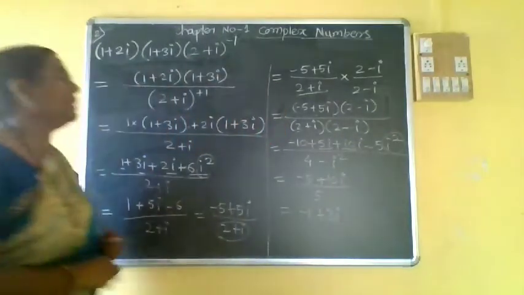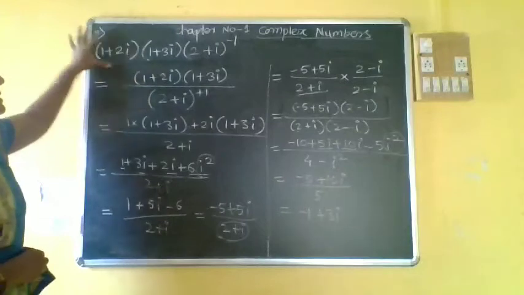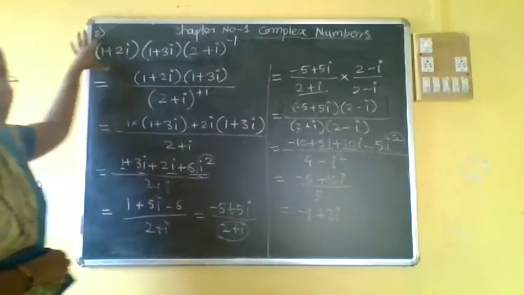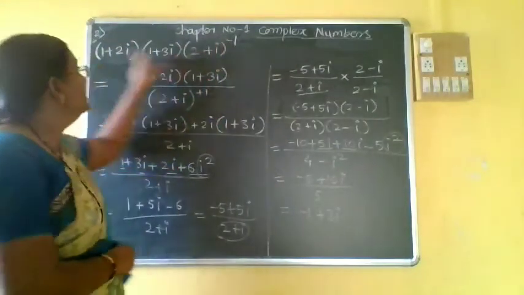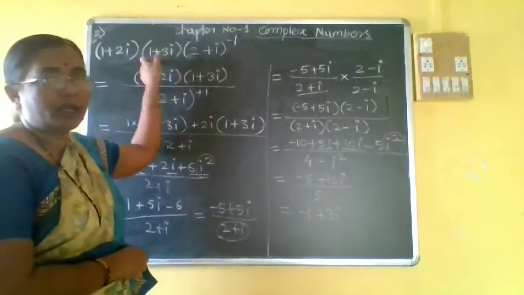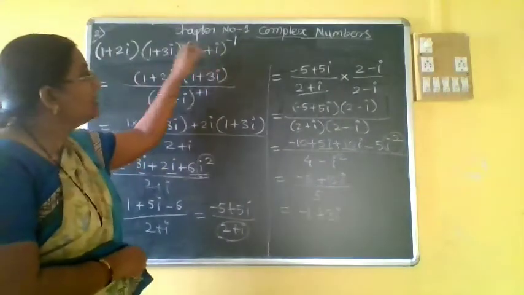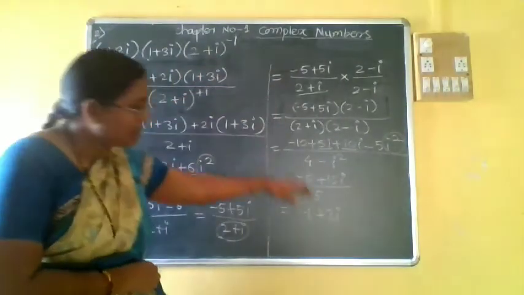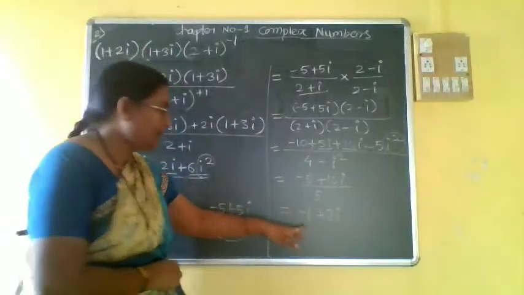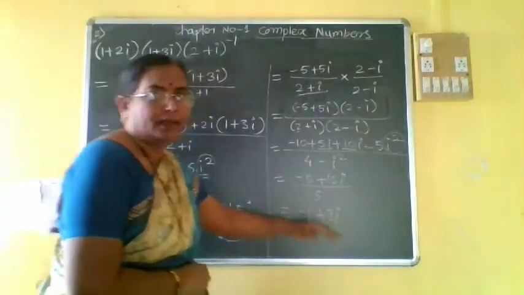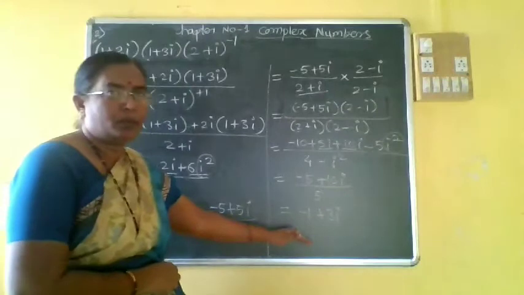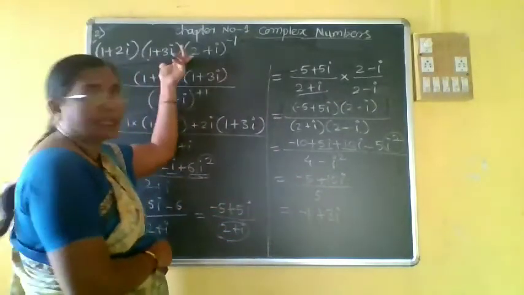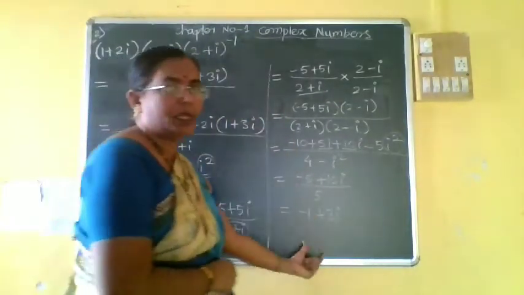We have to express the given complex number, which was given in the format of 3 brackets, as a new complex number, that is minus 1 plus 3i, which is in the format of a plus bi.